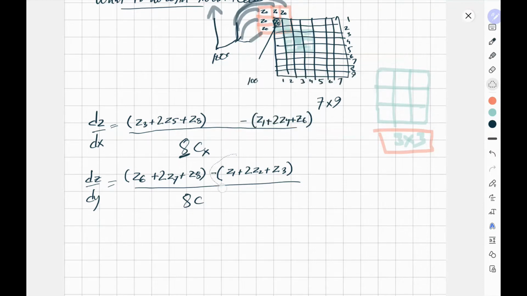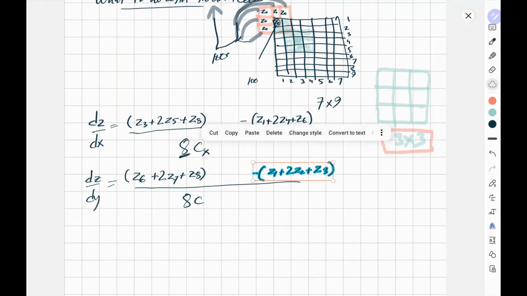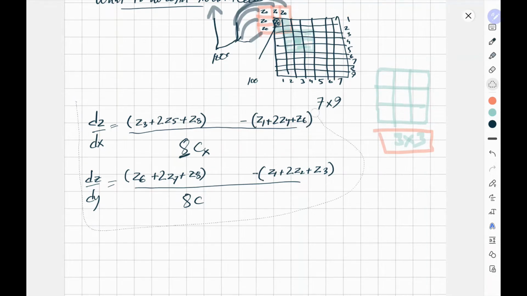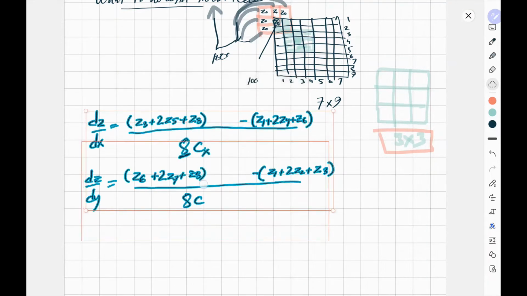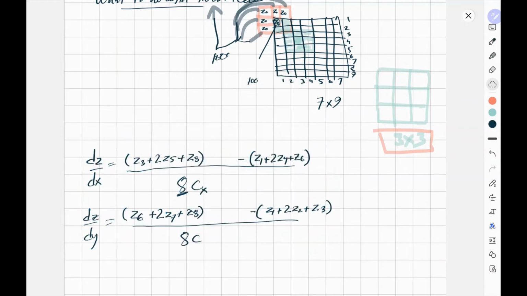Same for this one. Okay, and let's move all of this a little bit down. Okay, now what you do, there is some modification in this formula.